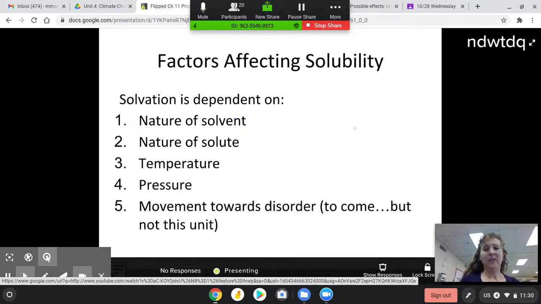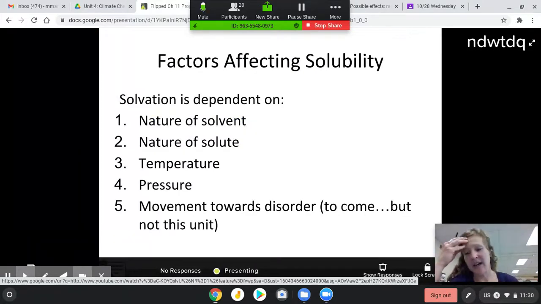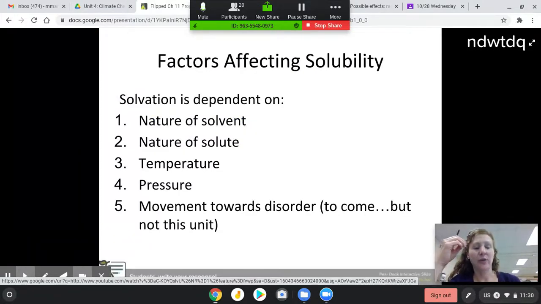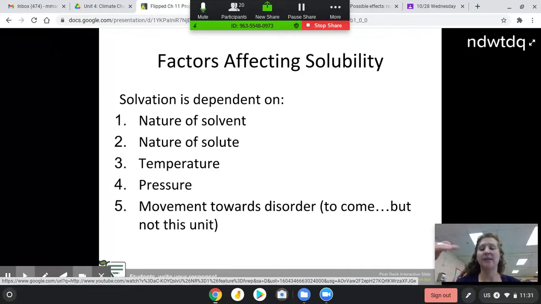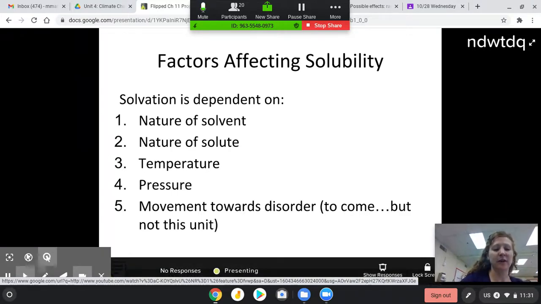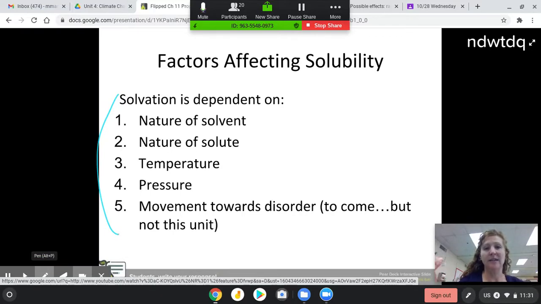Okay, so we've gone through the terms. Now let's talk through the factors affecting solubility. As you're sitting here talking about, is something soluble? Is something insoluble? Is it slightly soluble? These are the factors that are going to determine the solubility of a compound. What's the solvent? Is the solvent water?